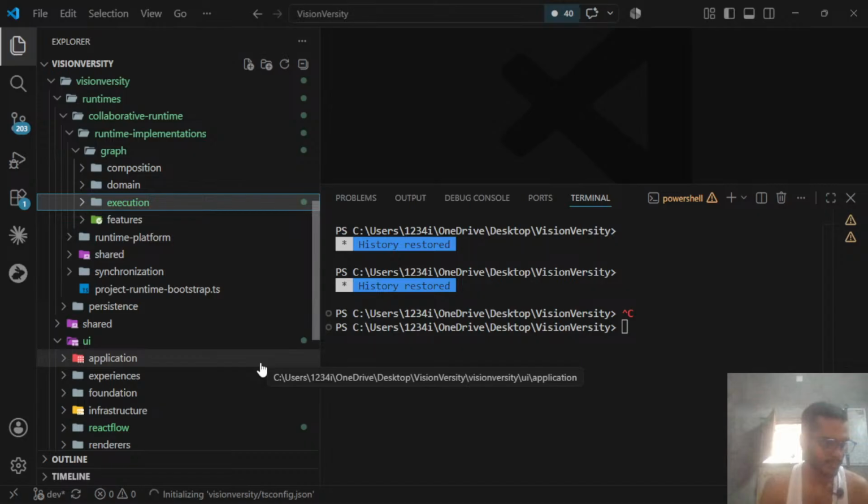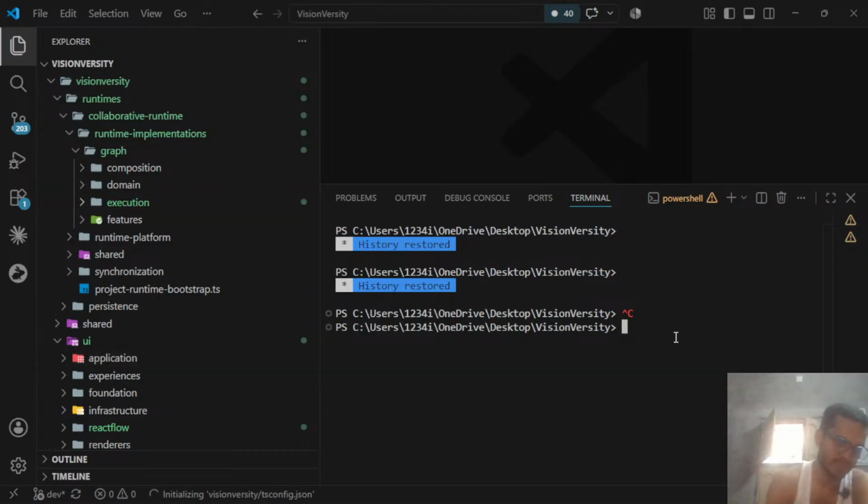That's why in the real world, look at top MNC companies or big projects, they distribute their code base and assign tasks to team members this way. So guys, I'm just showing you.